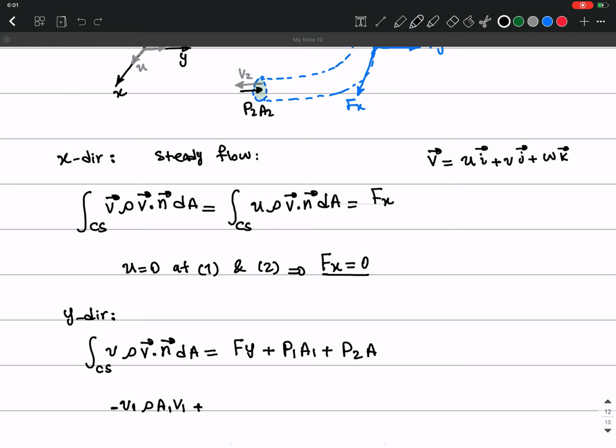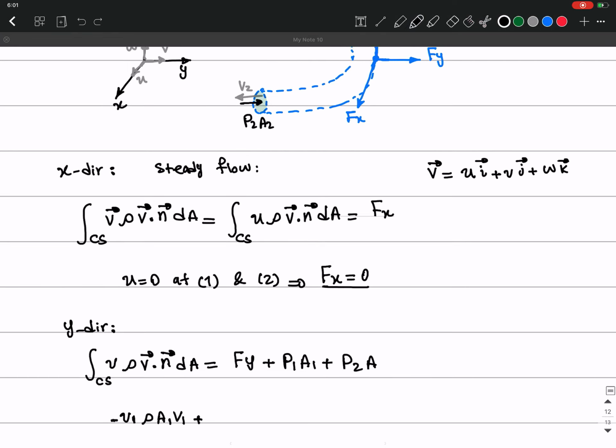And then the second one is because we have V2, but V2 is in the negative direction, so the second V2 is because of the negative sign of V2, which is here. And then I have to multiply that by rho A2 V2.